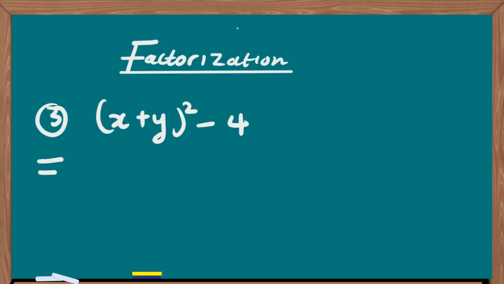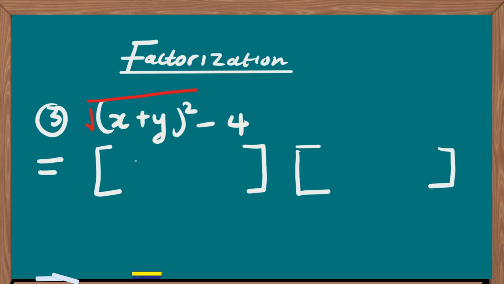We open two brackets, using square brackets this time because there's already a bracket. The square root of x plus y squared is x plus y.